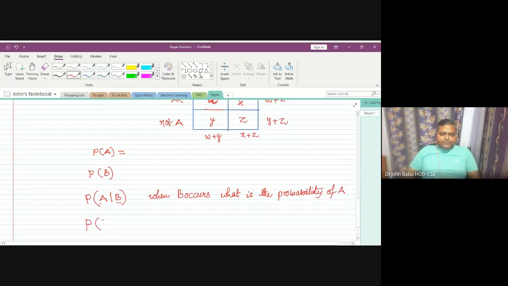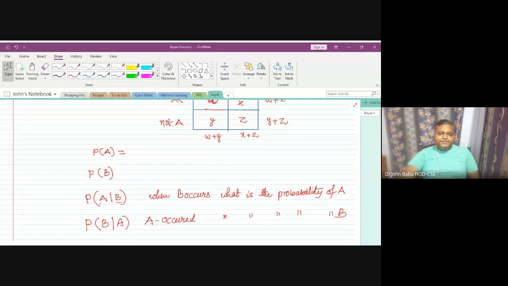And probability of B given A, that is, A already occurred, then what is the probability of occurrence of B? That is B by A. So what is the probability of A? And what is the probability of B?